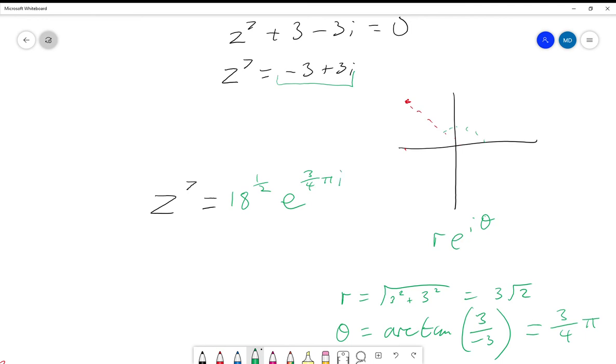And that's one root. That will give us one root, because we can just take the 7th power on each side, take it to the power of a 7th.